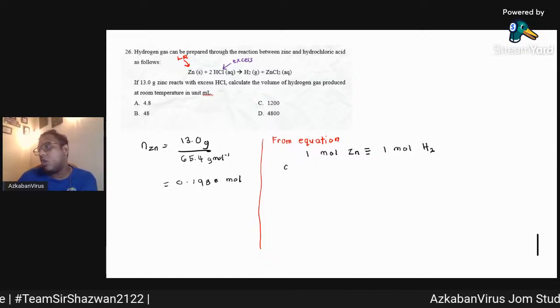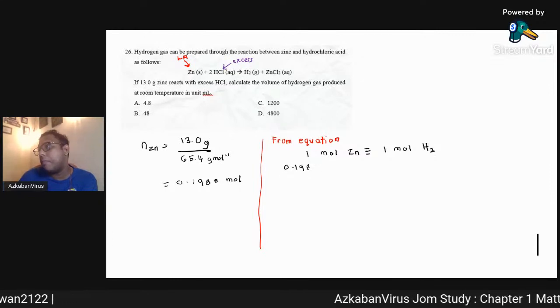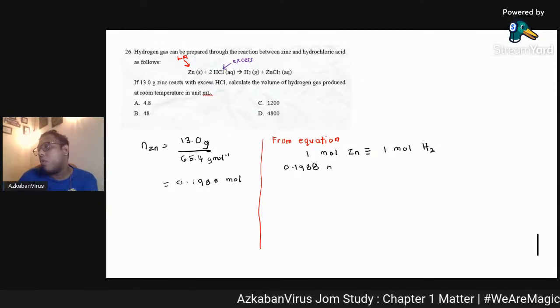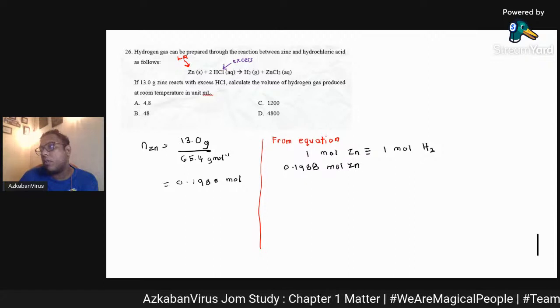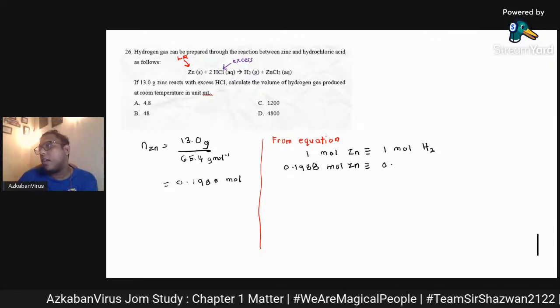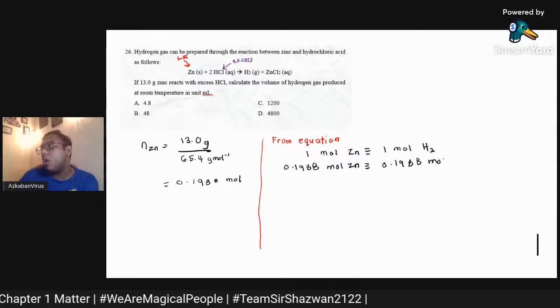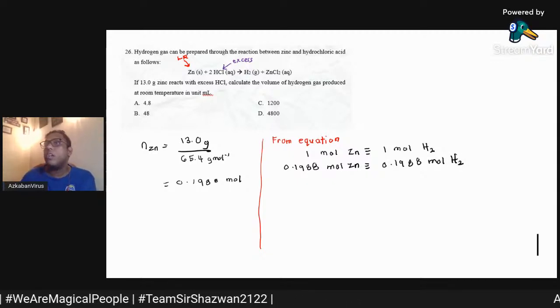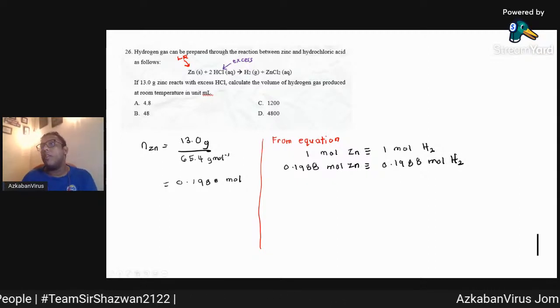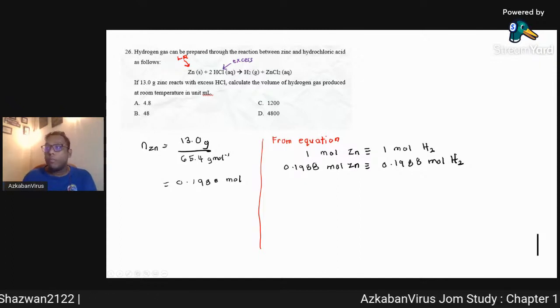Kalau kita ada 0.1988 mole of zinc, ini pun akan menghasilkan 0.1988 mole of H2. Okay, dia kata calculate the volume in milliliter at room temperature.